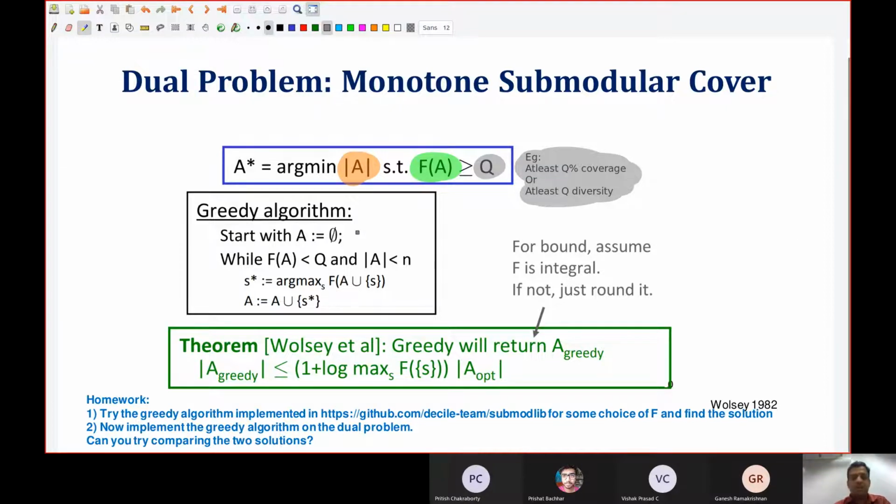You can have a greedy algorithm where you start with an empty set, that is cardinality 0. And while the coverage is not yet sufficient, while the diversity is not yet sufficient, keep growing the set based on that which helps f the most. So you're still looking at the same criteria, f, same old criteria, and its gain.